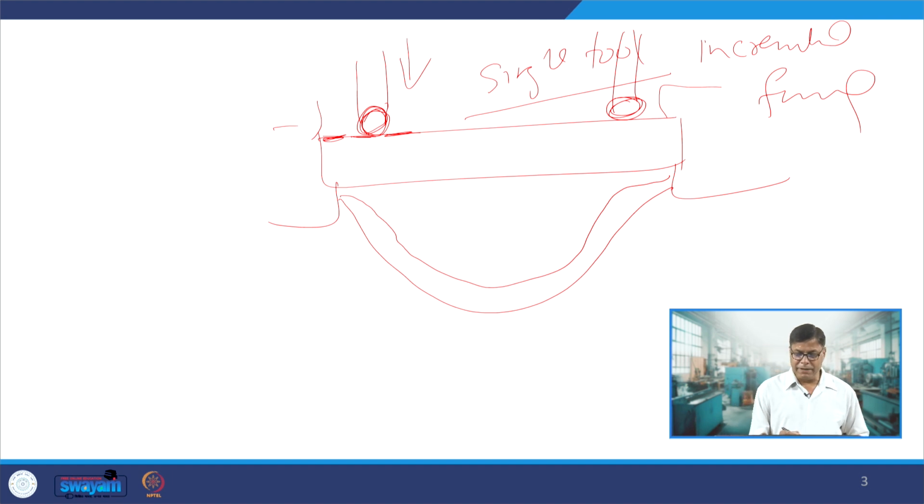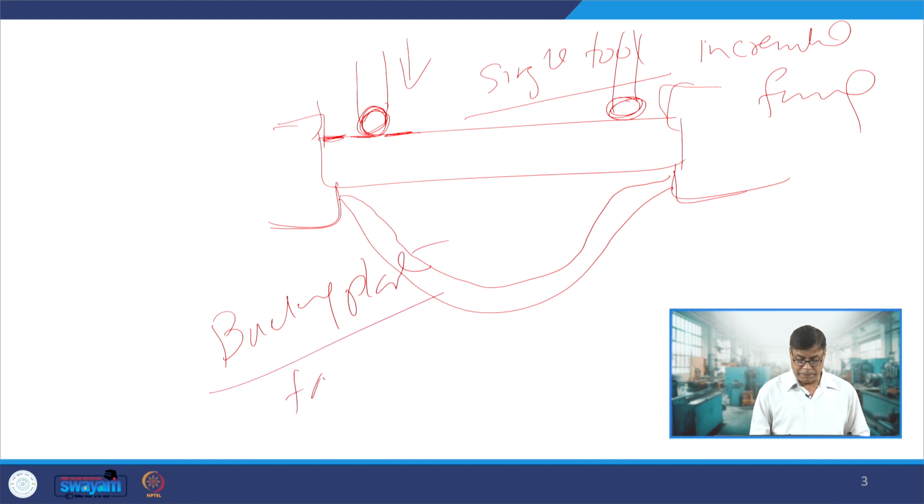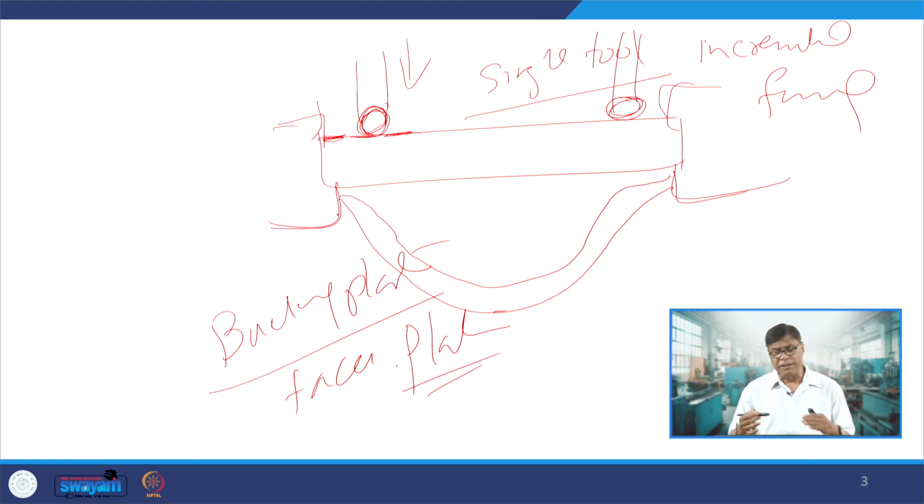So, this can be done just by holding the sheet metal at the ends, or it can also be done with the help of a suitable backing plate or face plate. Application of this backing or face plate on the lower side or the upper side will improve the accuracy of the component that will be produced through incremental forming.